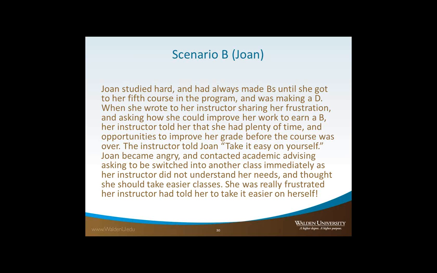The instructor told Joan, "Take it easy on yourself." Joan became angry and contacted academic advising, asking to be switched to another course immediately, as her instructor did not understand her needs and thought she should take an easier course or classes. She was really frustrated that her instructor had told her to take it easier on herself.